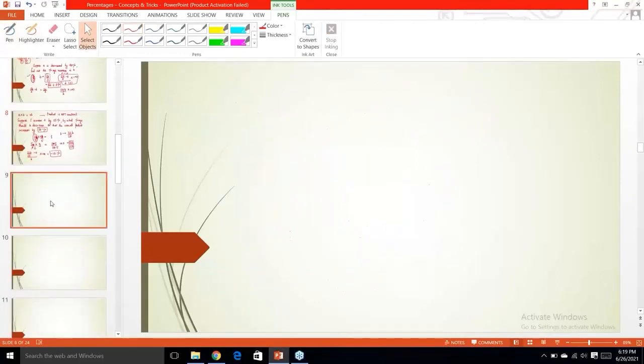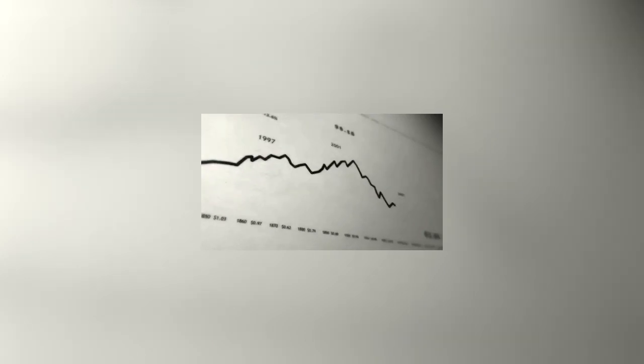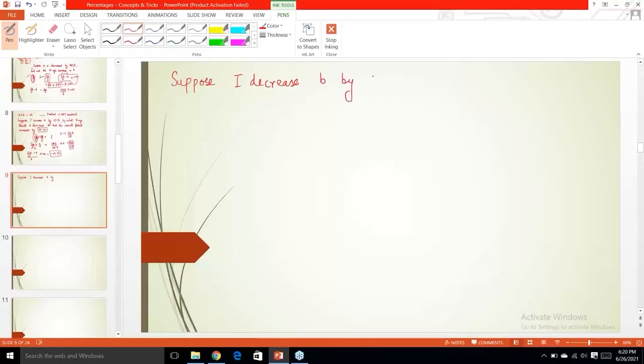Fine. So let me quickly create something and give it to you. Now answers could be very bad because I'm just creating it right now. Suppose I decrease B by 45%.